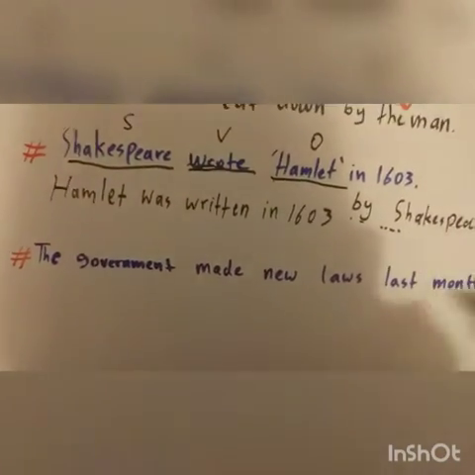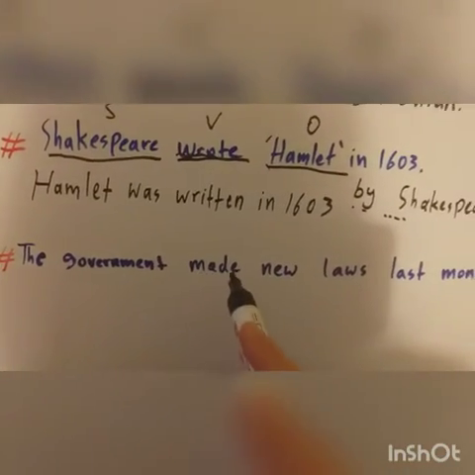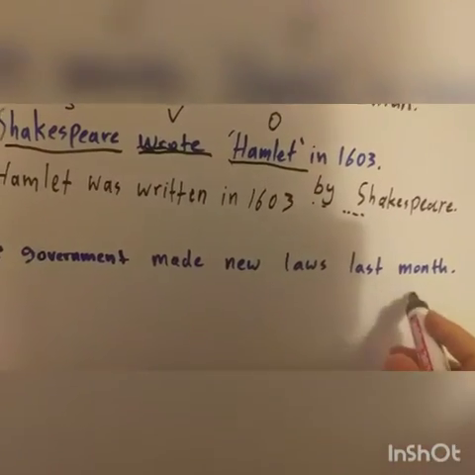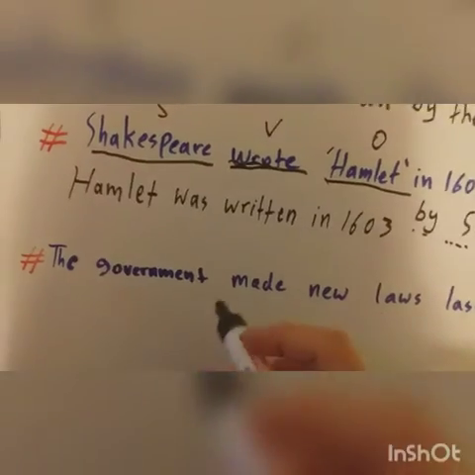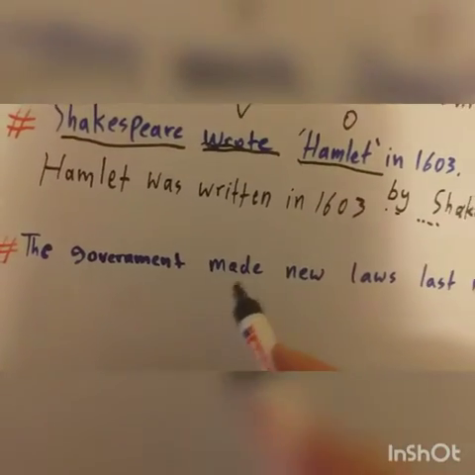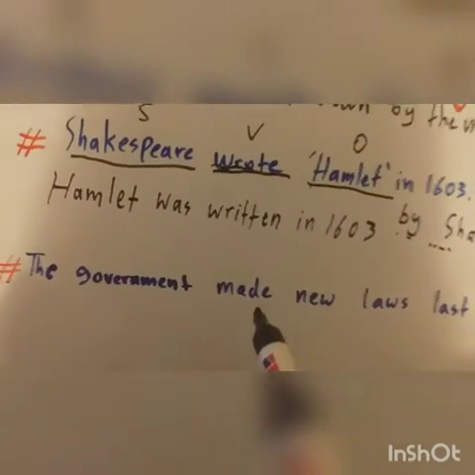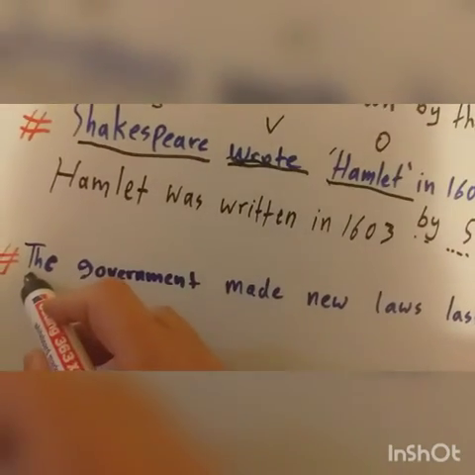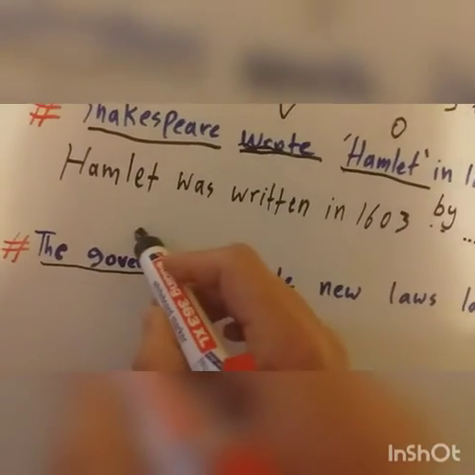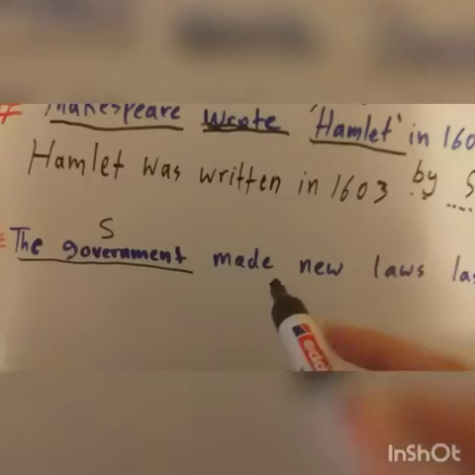In the third example, the government made new laws last month. So, who's the doer of the action? In this sentence, it is the government. So the government is the subject. They made, what did they do?